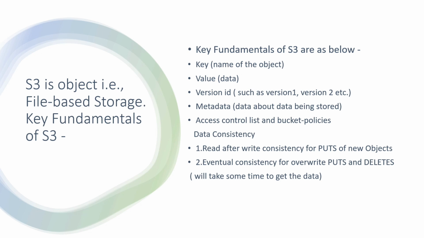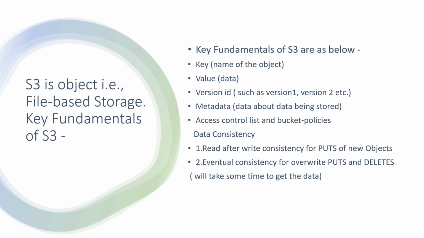Then the version ID. Say for example I have a file named test.txt, and I have uploaded it as version 1. And say I made some changes and uploaded it again, so it will be another version, version 2, etc. So there will be a unique version ID for each file as we upload.